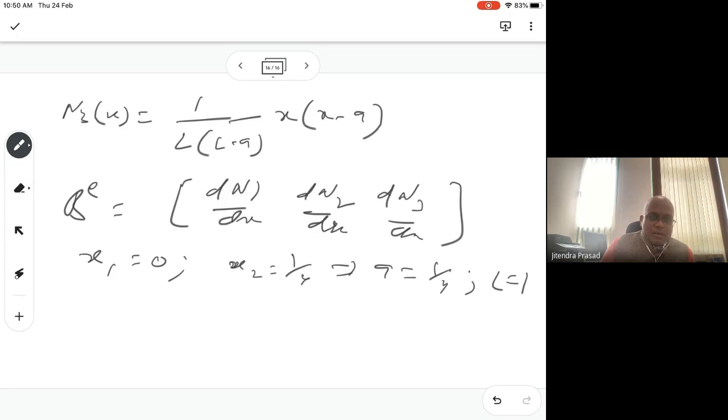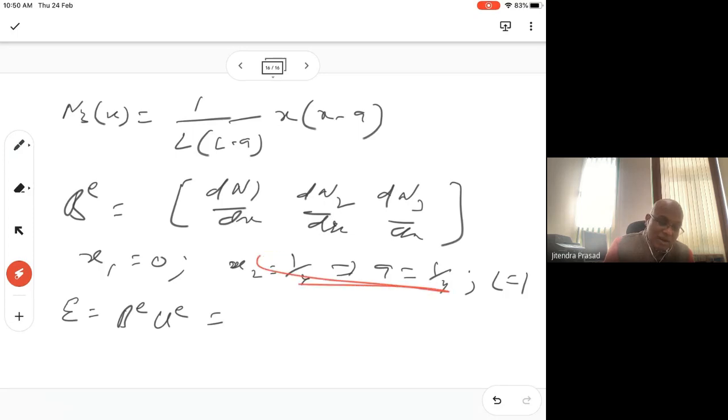But in any case, we can construct it, and what we have is epsilon is equal to B^e times U^e. So what you can do is, given these values, evaluate this one multiplied by U^e.